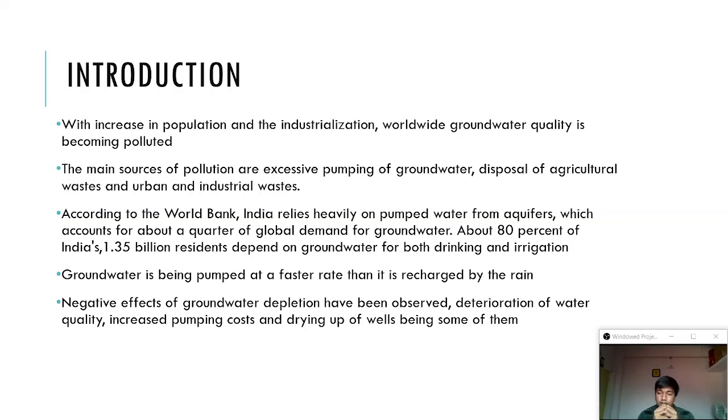And when it rains, the ground absorbs the water, and this goes into the ground, and we find groundwater reservoirs because of this phenomenon. But the groundwater is being exploited and pumped at a faster rate than it is being recharged. That is, we are exploiting the groundwater at a faster rate than we actually should.